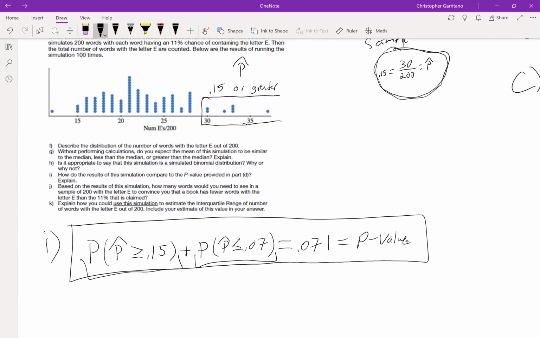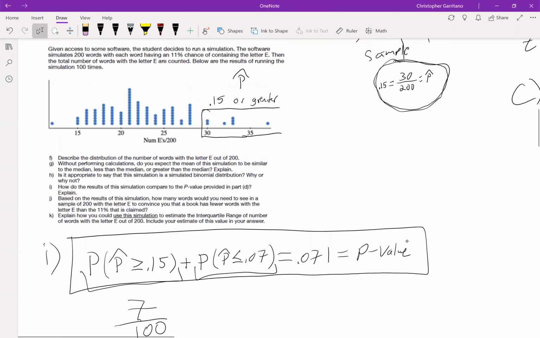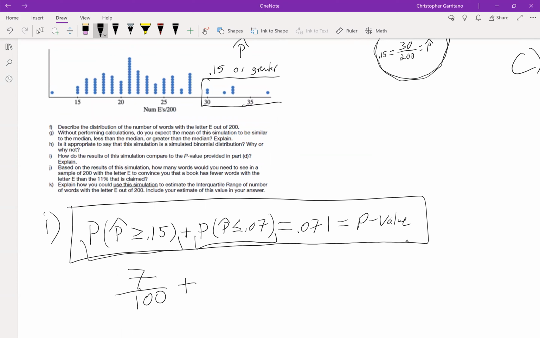And that is 1, 2, 3, 4, 5, 6, 7 dots out of a total of 100, right? We ran this simulation 100 times. There were 100 dots here. So we have 7 out of 100 plus 0.07 or fewer.